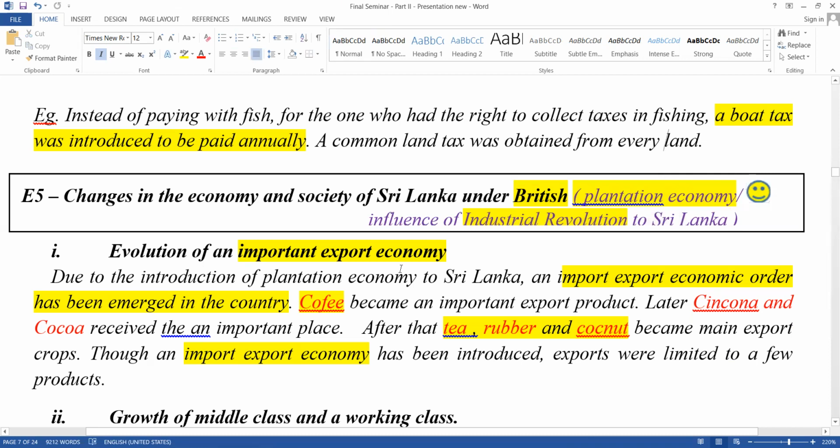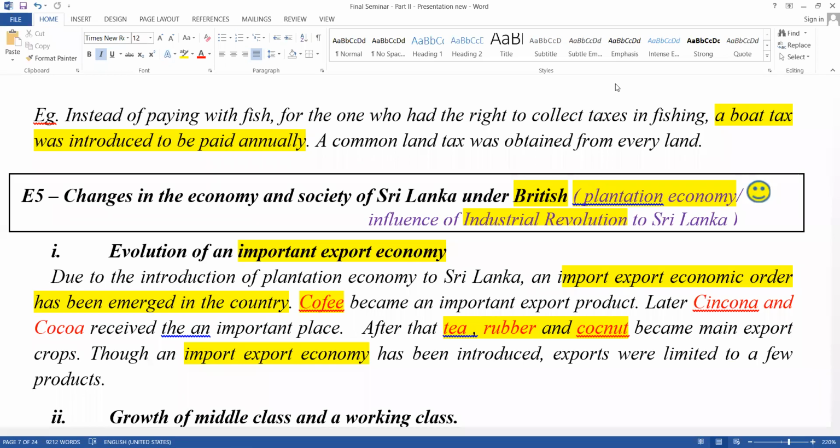This answer can be written for other questions also. If they give the question, what are the changes in the economy and society because of the plantation economy? Same answer. Changes in the economy and society because of the influence of the industrial revolution on Sri Lanka. Same answer, you can write. So this question can be given in these 3 ways.